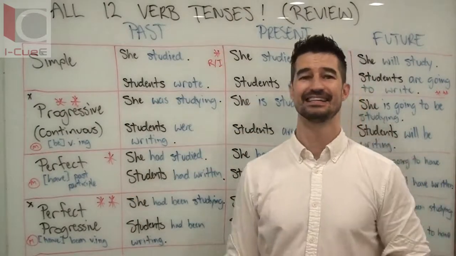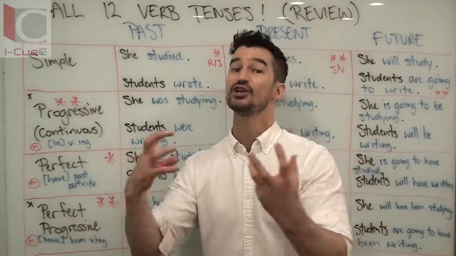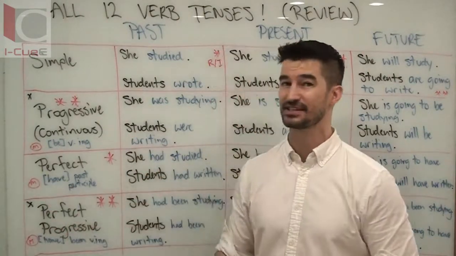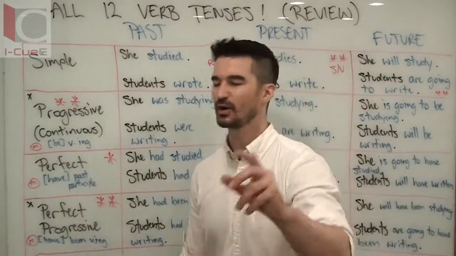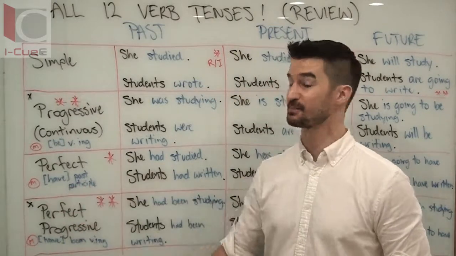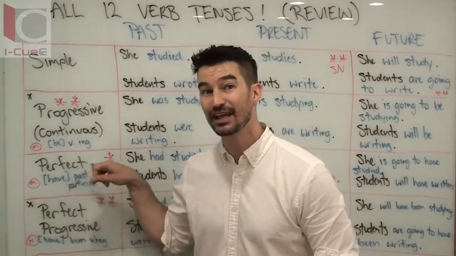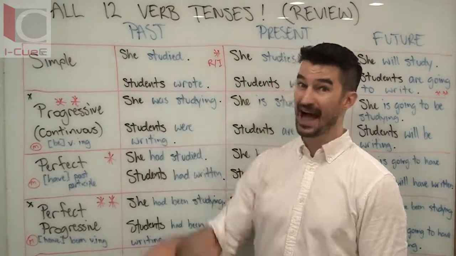The perfect tenses. Remember that the perfect tenses always begin with the verb to have, and that is the one that's going to change, unless it's the be future tense. We'll get to that. But have plus the past participle. And this is why regular and irregular verbs are important. You need to know them. Simple past.